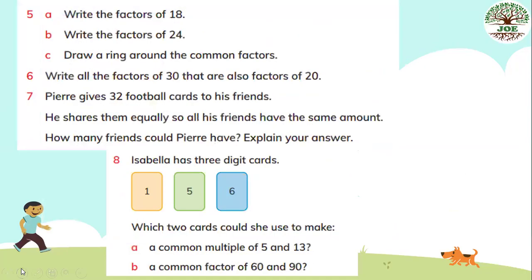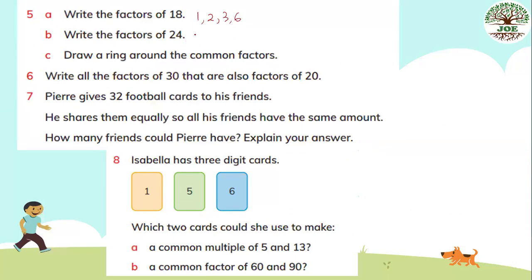Number 5, write the factors of 18. Write the factors of 24. Draw a ring around the common factors. So let's write down. Factors of 18 are 1, 2, 3, 6, 9, 18.